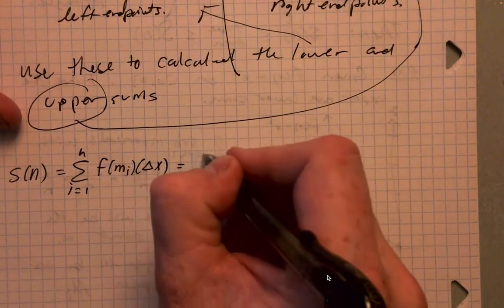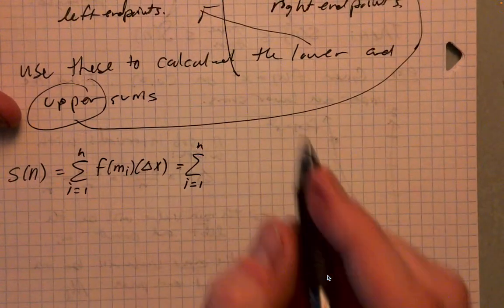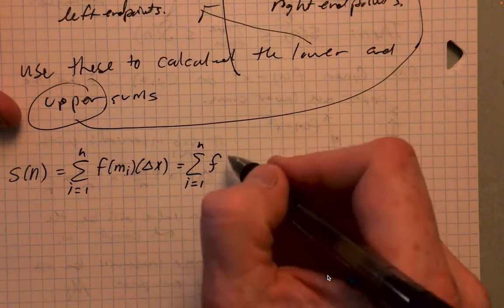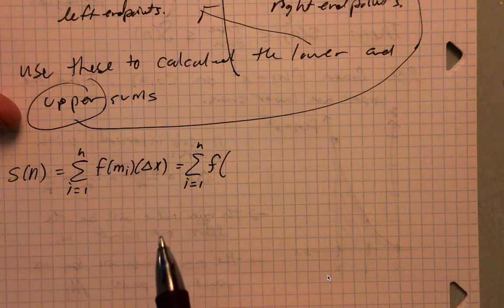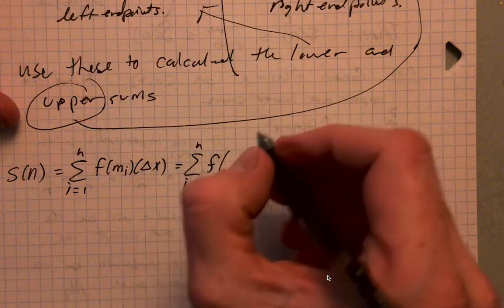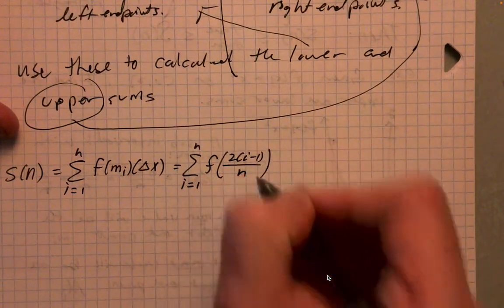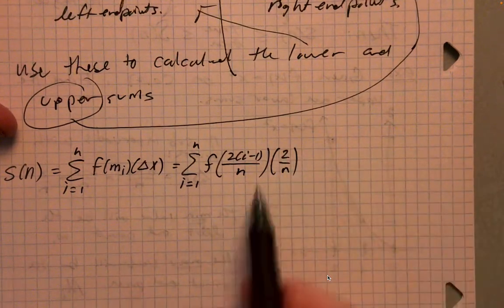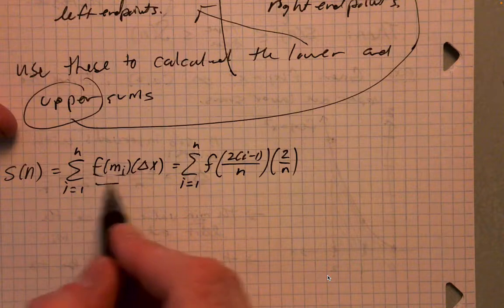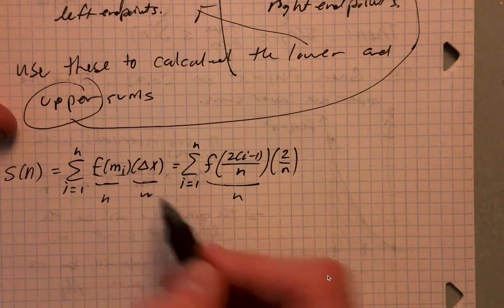That's the sum from i equals 1 up to n of f of, and now what is m_i? It is 2 times (i minus 1) over n, times 2 over n. So again, height, width.